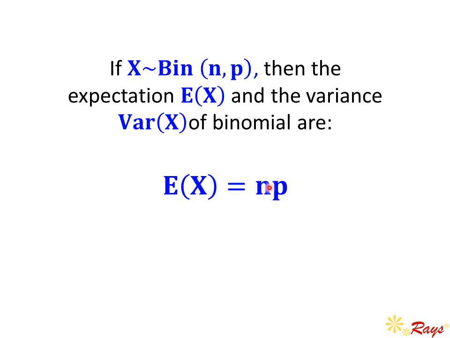Remember that n is the number of trials and p is the probability of getting a success. And variance is given by npq, the number of trials multiplied by the probability of getting a success, and q is failure or 1 minus p.